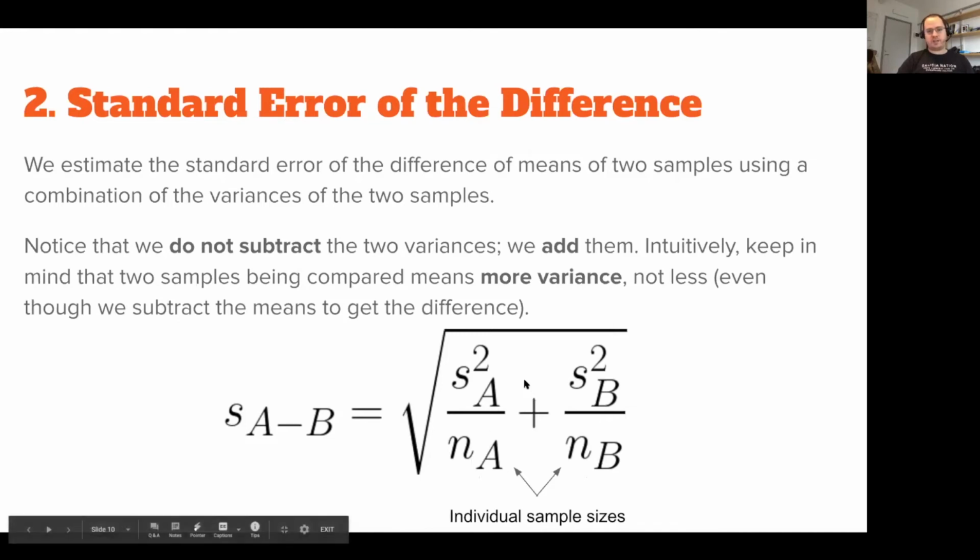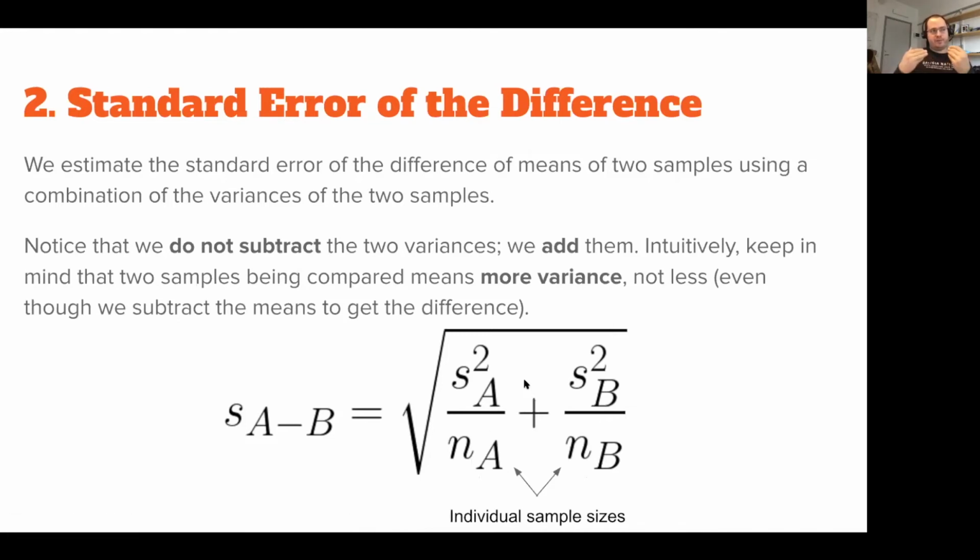So basically, it's a way to say, look, the variance or the standard deviation of this operation of one minus the other, that the variance of this whole thing is actually the sum of the variances of these two individual things. And the reason is that since we're considering two samples at the same time, and these two samples were taken from two populations at the same time, these two variances are kind of interacting with each other.